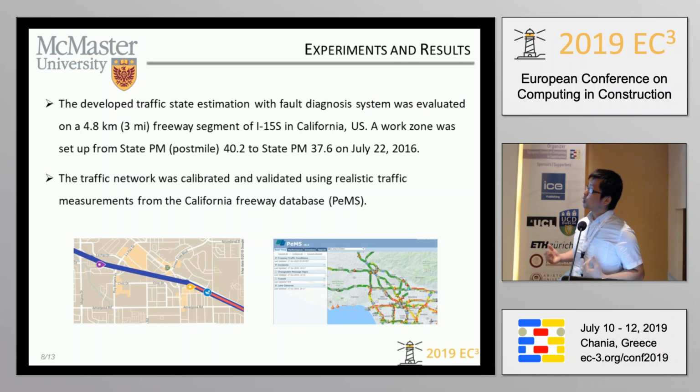So the developed traffic state estimation with the fault diagnosis system was evaluated on a freeway segment in California, US. A work zone was set up from this milestone to the 37.6 milestone in 2016. And the traffic model was calibrated and validated using realistic traffic measurements from the California Freeway database.